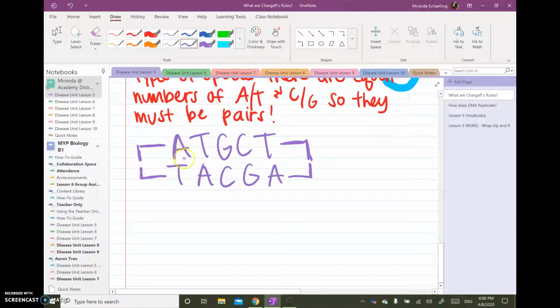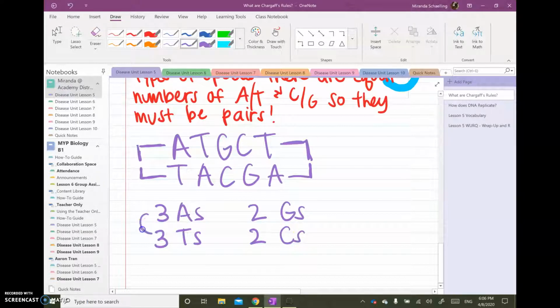We have 1, 2, 3 A's. We have 1, 2, 3 T's. We have 1, 2 G's, and we have 2 C's. So this tells me that these two are paired and these two are paired.